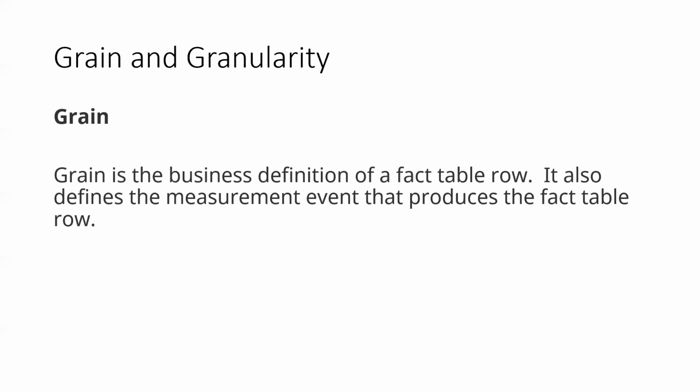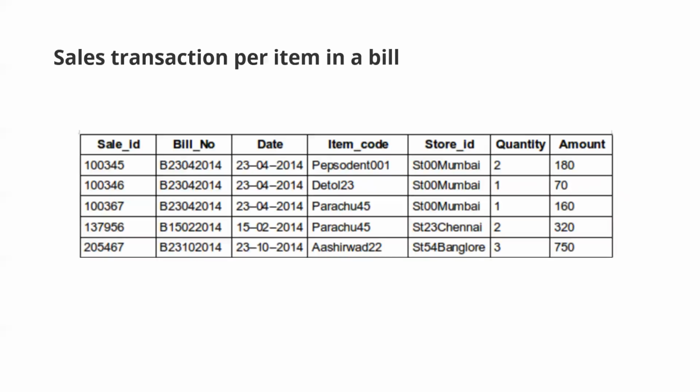Then what is grain actually? Grain is a business definition of a fact table row. For an individual row, what it signifies in the fact table, that is called the grain. Let me give you an example, then that should be clear. There are two examples I've cited over here. This is a fact table, you can see: sale ID, bill number, date, item code, store ID, quantity, amount.